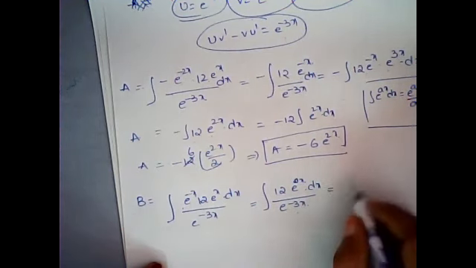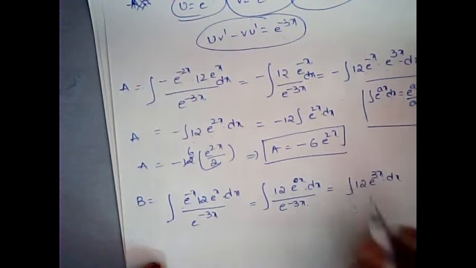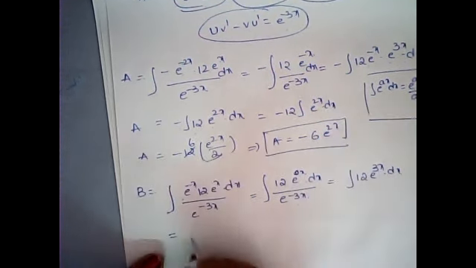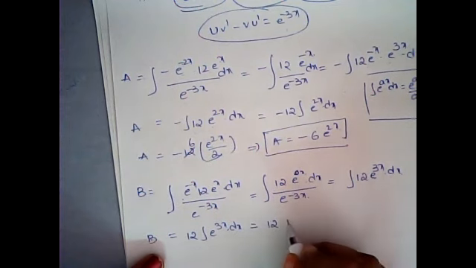So which will be here integration of 12 e power 3x into dx. Now do the integration part of e power 3x. So B is equal to 12 into integration of e power 3x into dx, which will be here e power 3x by 3.